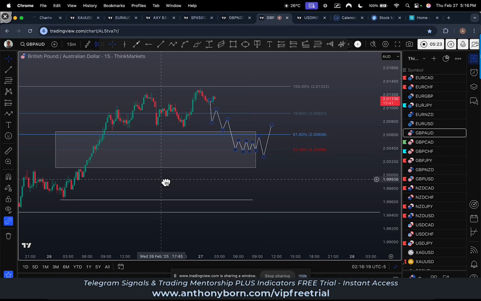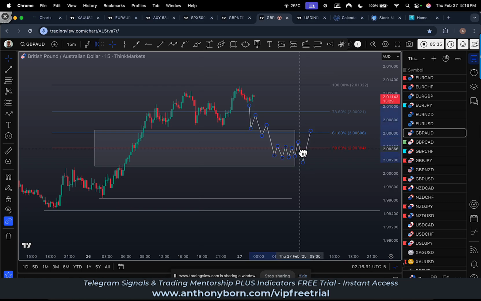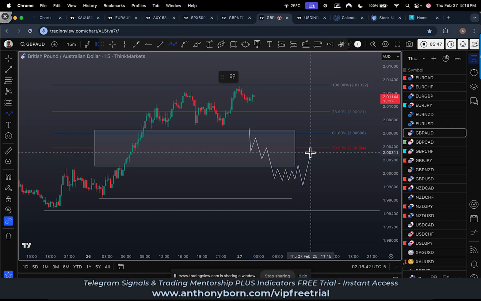That's my preference. If it trades lower than this, in other words, if it breaks this 50, I'm a little bit more reluctant to get involved. In saying that, the way to get involved if it does break lower is you have to wait for price structure to set up. If this is trending down, you need to wait for the bullish break of market structure.